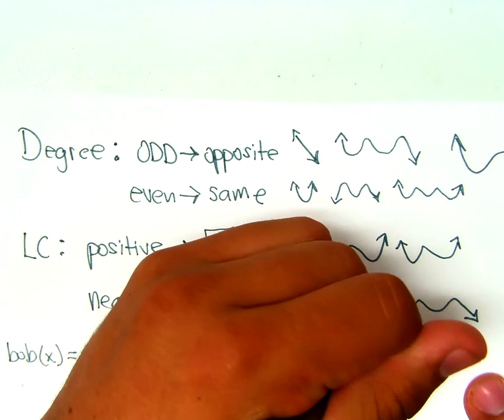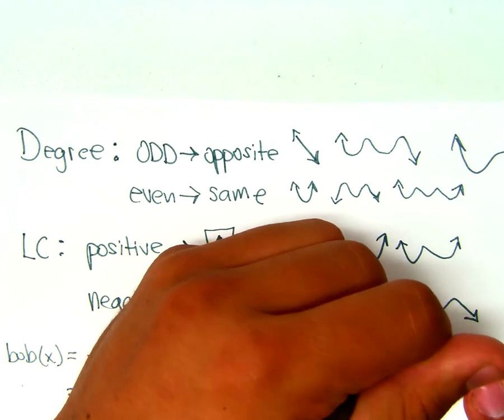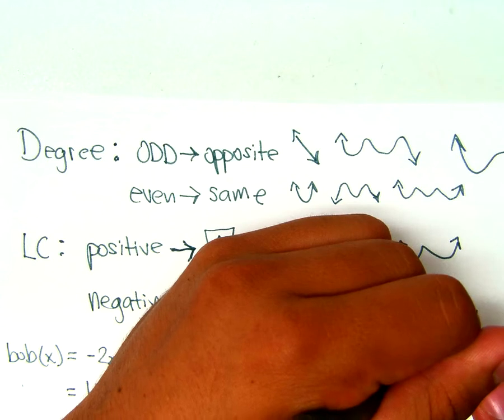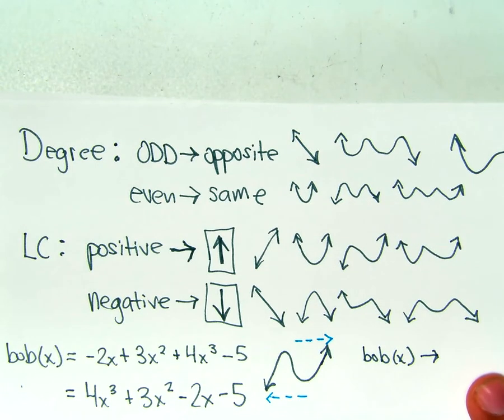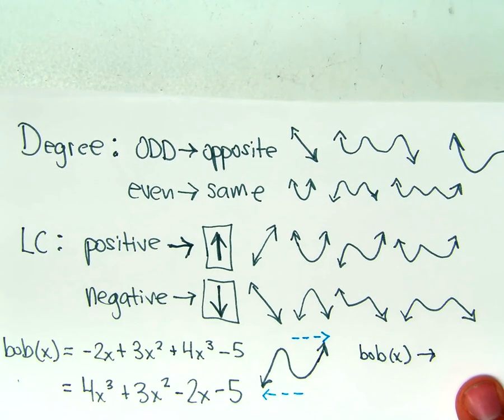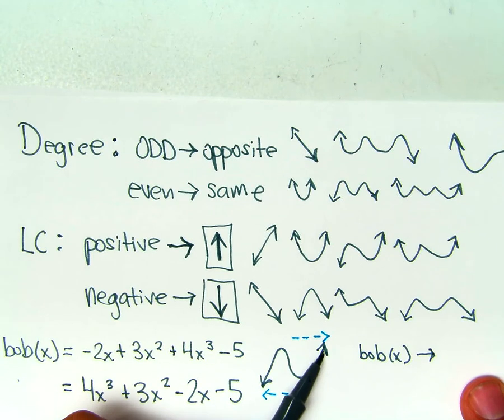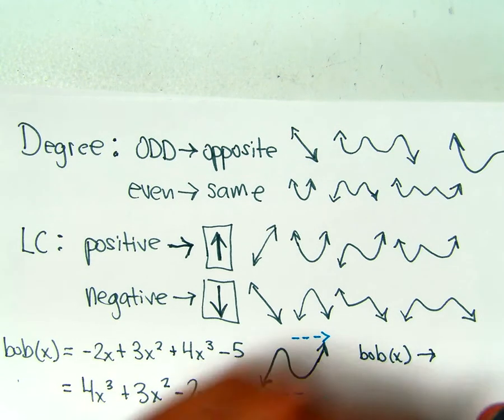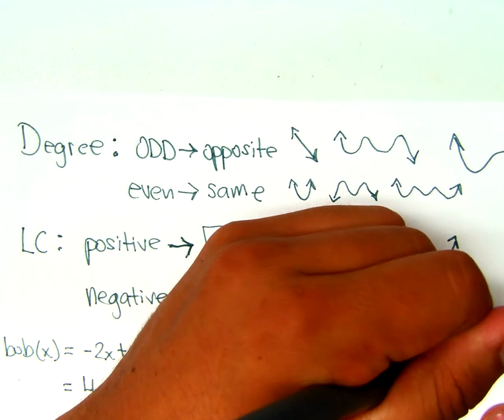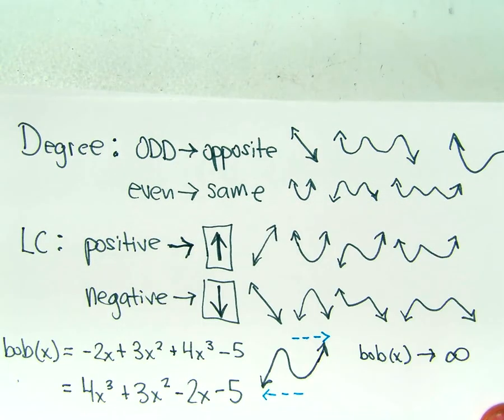So we're going to say Bob of x approaches, and which way do you want to work first, right or left? Right. So Bob of x, as we move right, approaches up or down? Up. Since it approaches up, that's positive infinity, because if he keeps going up, that's positive infinity.